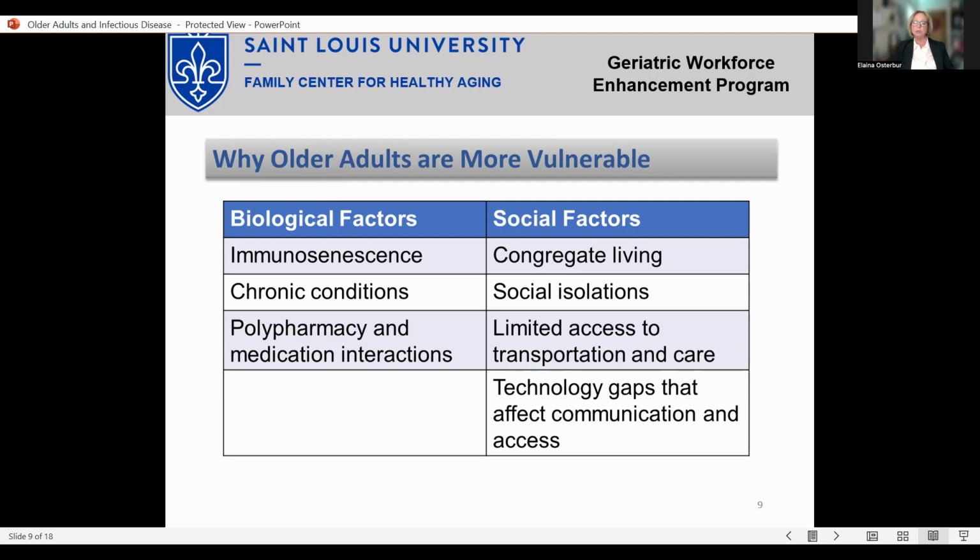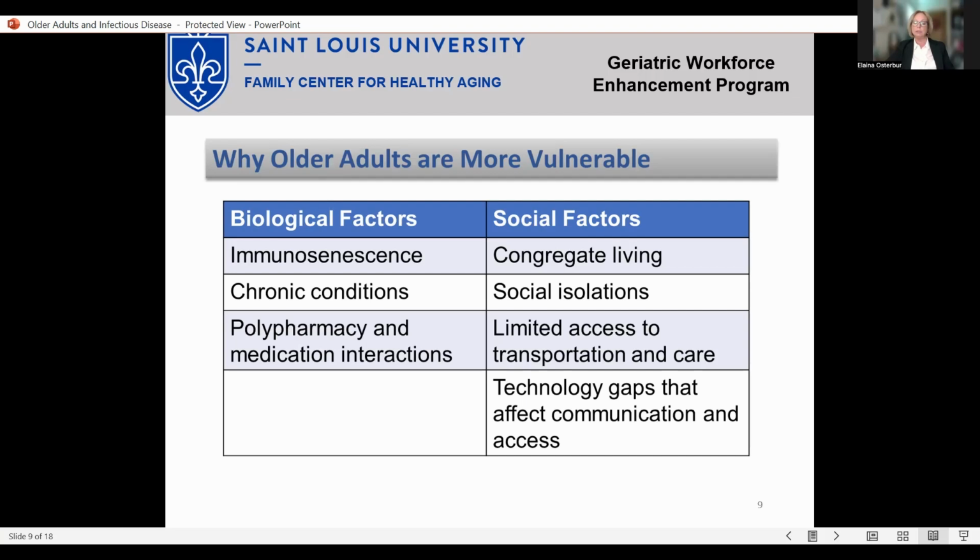Additionally, many older adults take multiple medications, which increases the risk of harmful drug interactions and contribute to further health decline or even mortality.